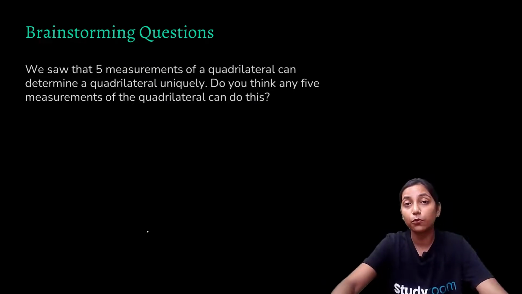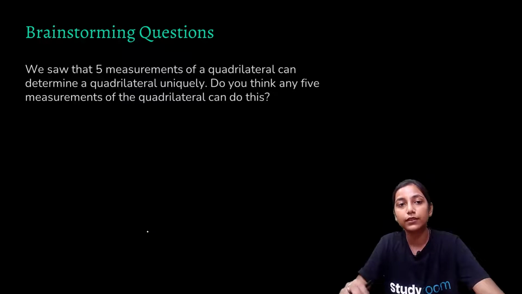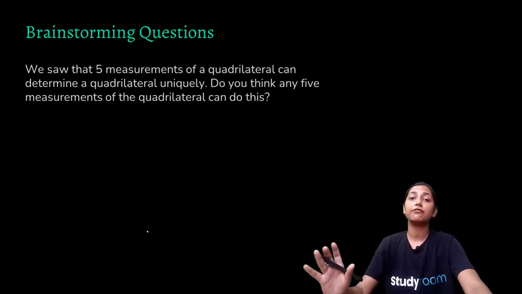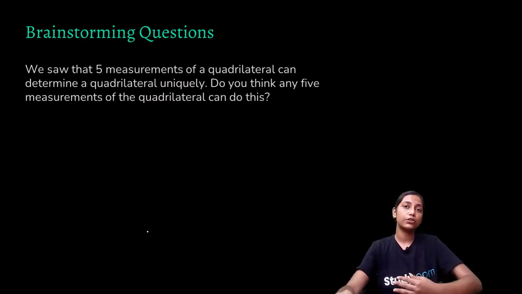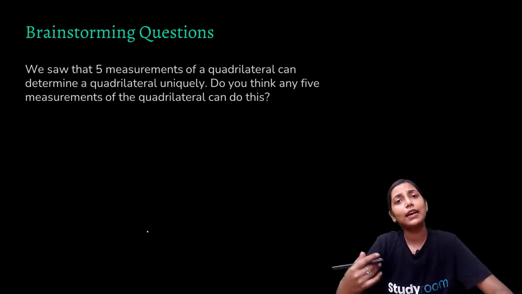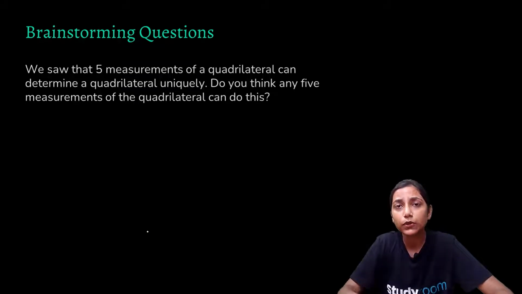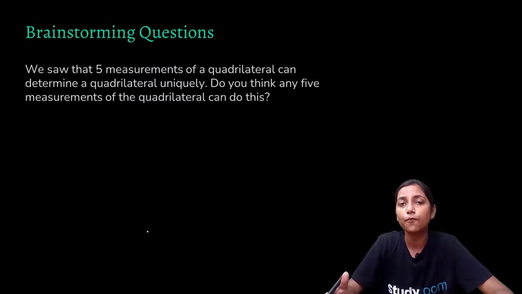Now see, we have one more brainstorming question. We saw that 5 measurements of a quadrilateral can determine the quadrilateral uniquely. Do you think any 5 measurements of the quadrilateral can do this? Can any 5 measurements be used in order to draw a quadrilateral uniquely?